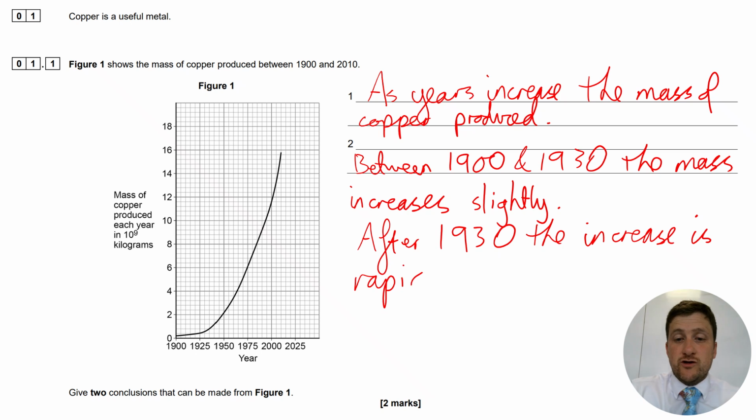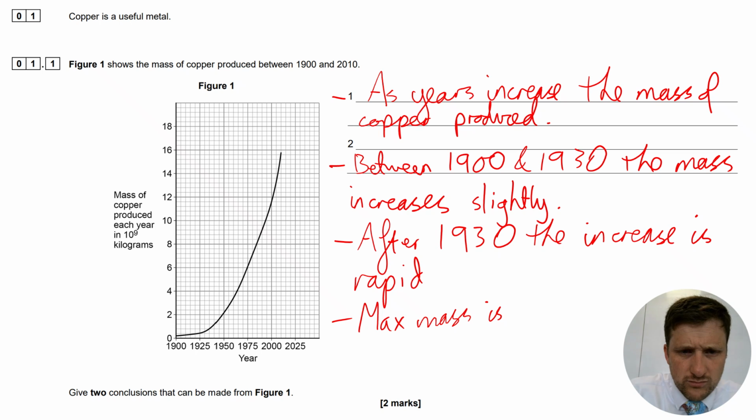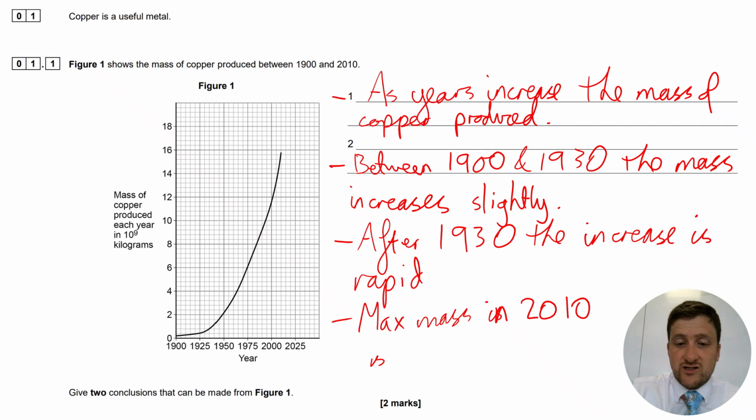Do you need all of these? No, you don't, actually. Each of these are separate points, okay? You could also say the maximum mass in 2010 is 15.8, actually it's times 10 to the 9 kilograms, so I've got to make sure to use the units that are on my axes as well.